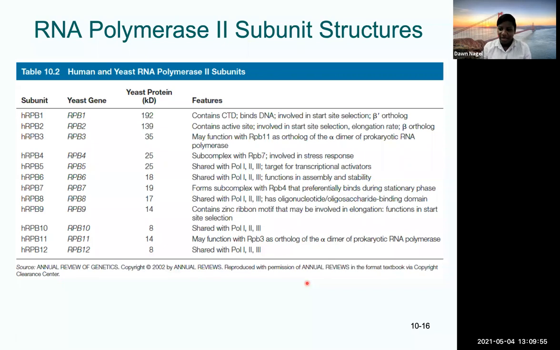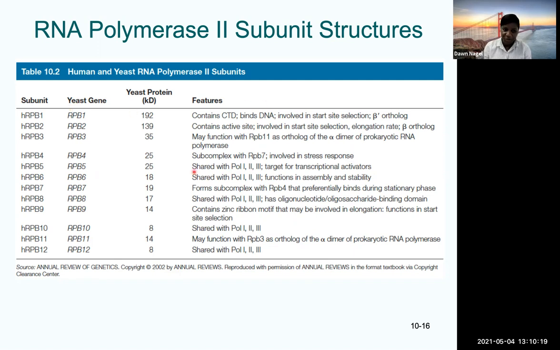In eukaryotes, RNA polymerase structure is a little bit more complicated. So there are 12 subunits that make up this RNA polymerase, okay? And they have been found in pretty much all organisms that have been studied. They're very similar.